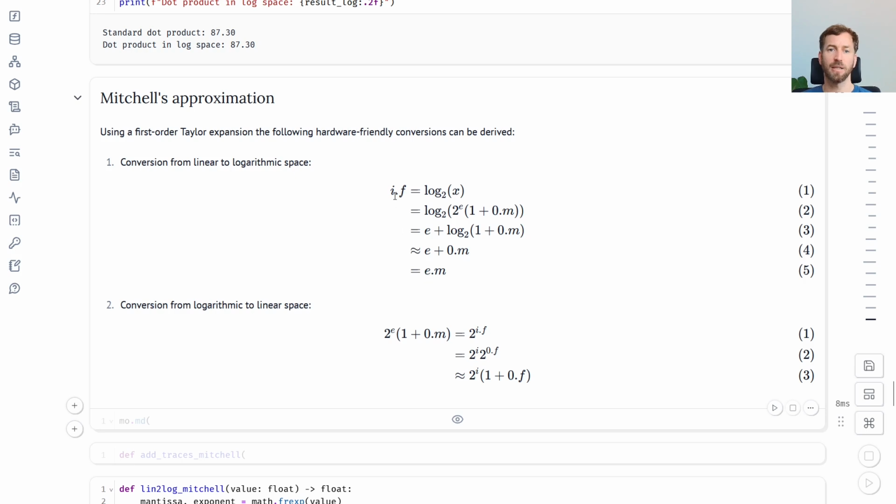Which means that the integer and fraction bits of the logarithmic data type can be set to the exponent and mantissa bits of the floating point data types. This is very easy to implement on hardware and very cheap. A similar methodology applies to the conversion from logarithmic to linear space.